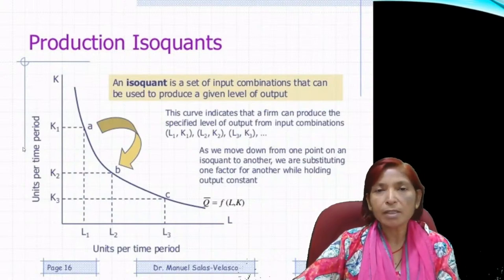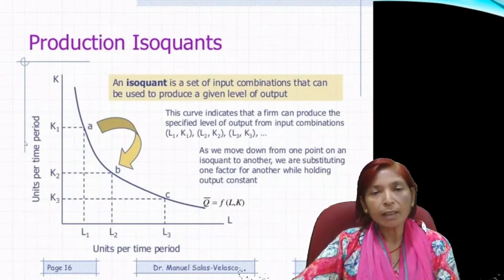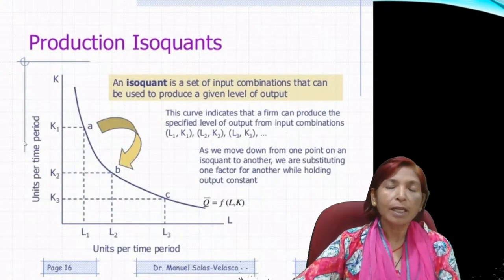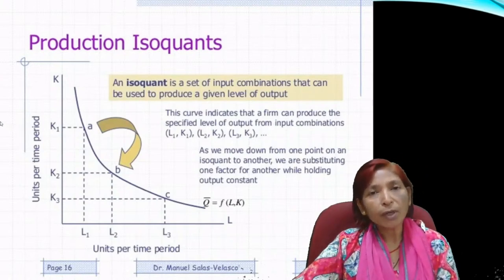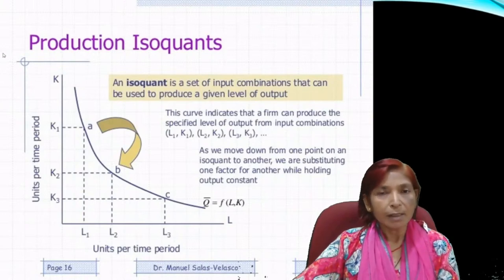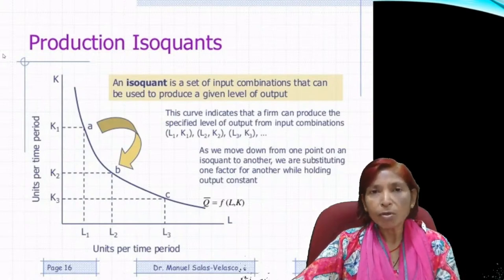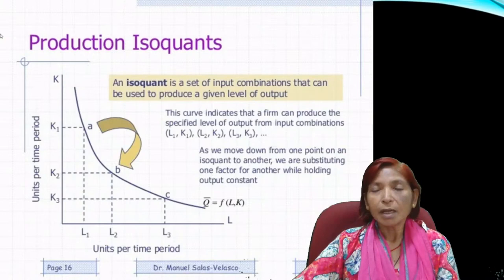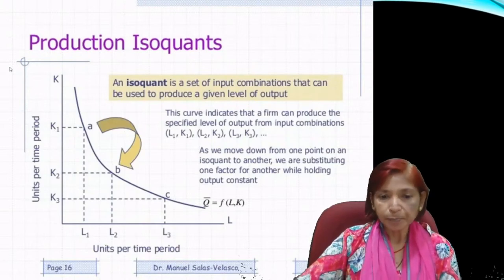So if we have limited resources, then we have to choose between these two resources which factor we use in more quantity and which in less quantity. If we use more labor, capital will be used less, and if we use more capital, labor will be used less. That's why, if we take different combinations of labor and capital producing the same level of output, then this curve is called the isoquant curve, which shows different possible combinations of two factors of production that give the same level of output.